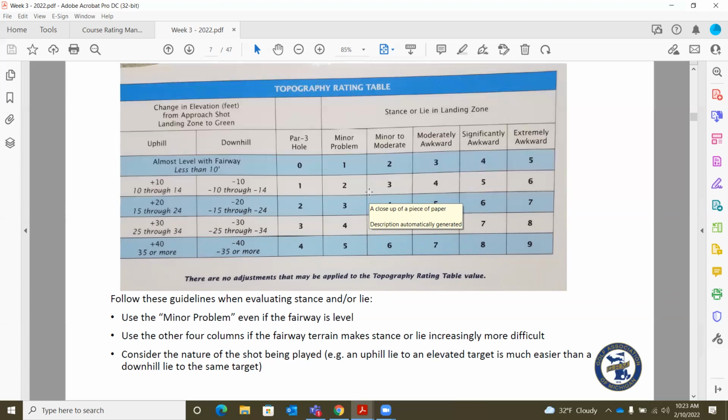So we're taking the average of those, or where the majority of the balls are going to be, if there's a feature that would funnel balls to a certain location. We're not looking at the easiest obstacle that we encounter, and we're not looking at the hardest situation. We're looking at an average over the course of that 20-yard landing zone.